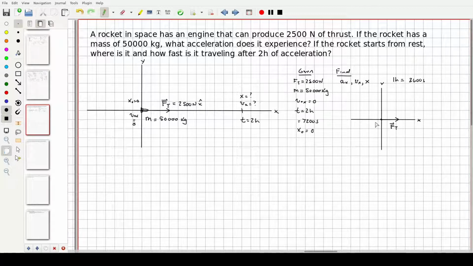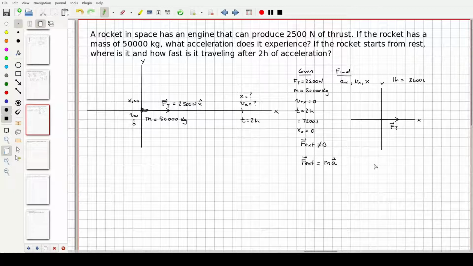In this case, there are no forces to balance out stuff, which means that because we have a change in motion, because this rocket starts from rest, it ends up with a velocity that's not 0 later on, we have this force at work. That means when we add up our forces to get the external force, it is not 0. In this case, our forces added up are what causes the rocket to experience an acceleration.